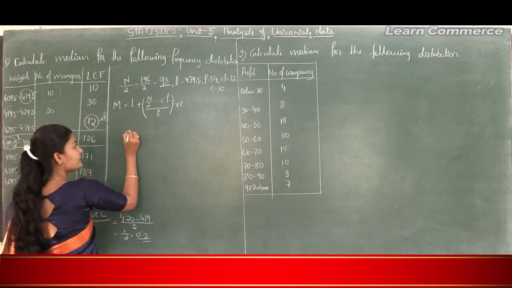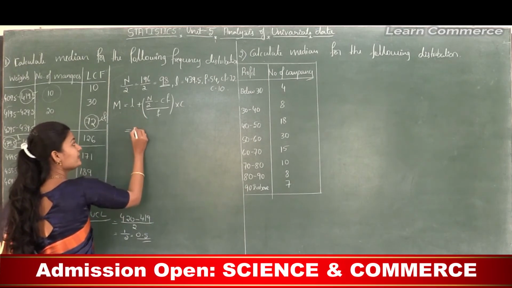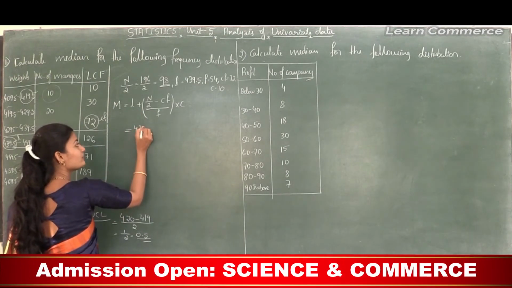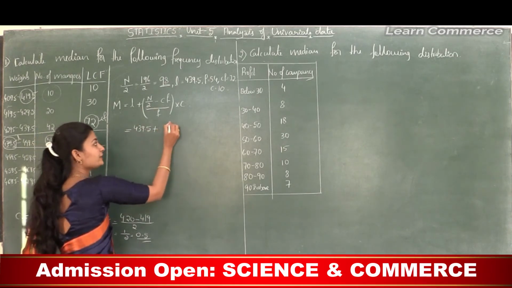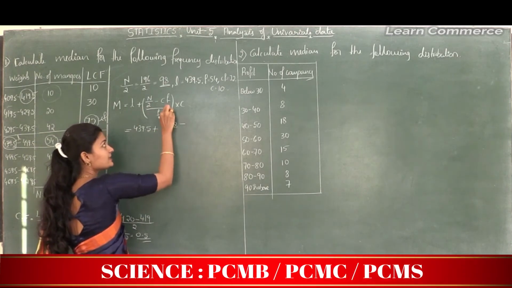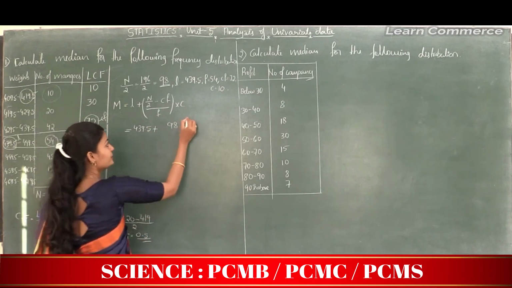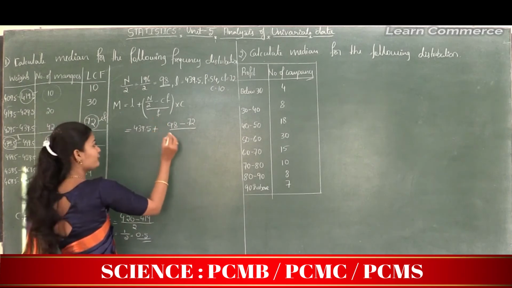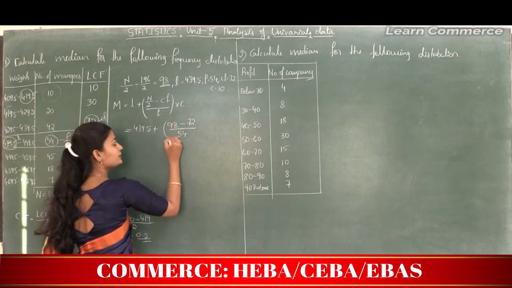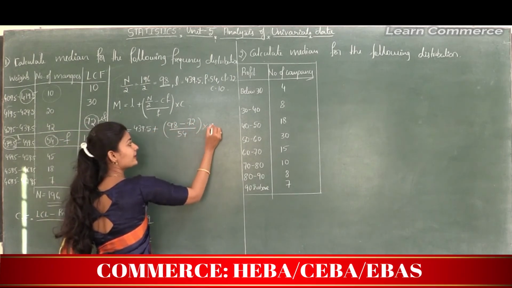So, M is equal to L, which is 439.5, plus N by 2, which is 98, minus CF, which is 72, divided by F, which is 54, into C, which is 10.